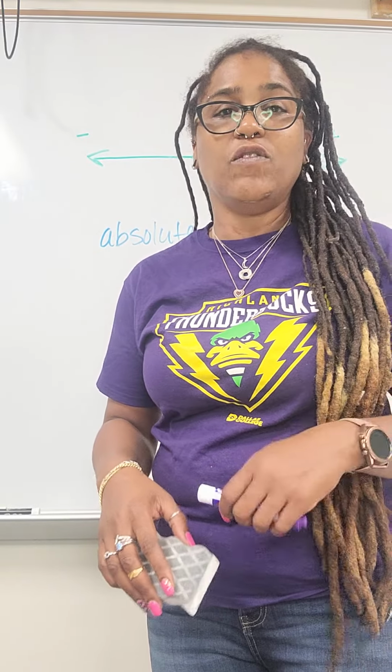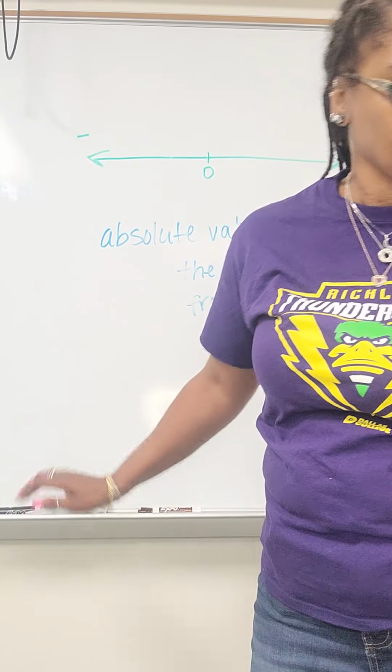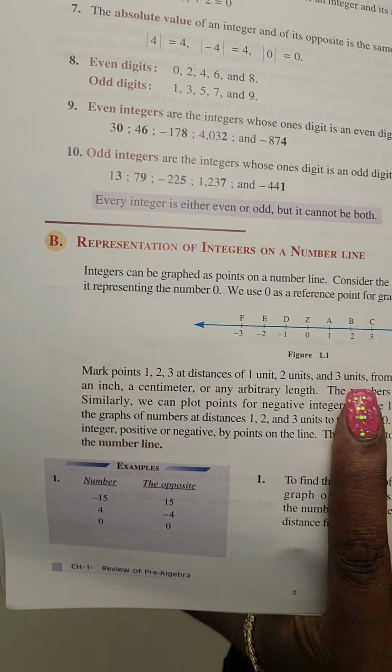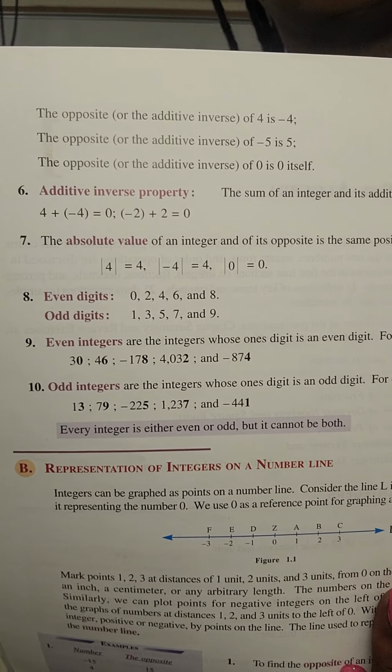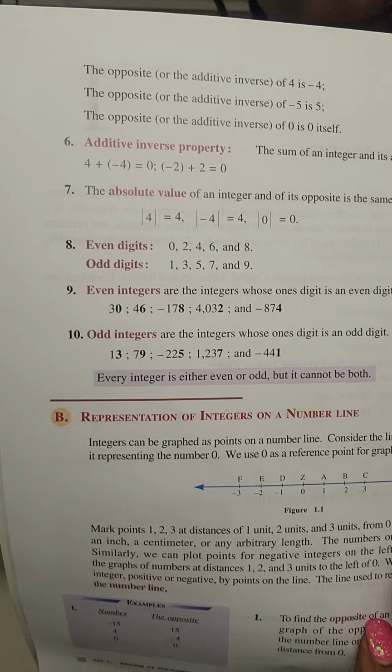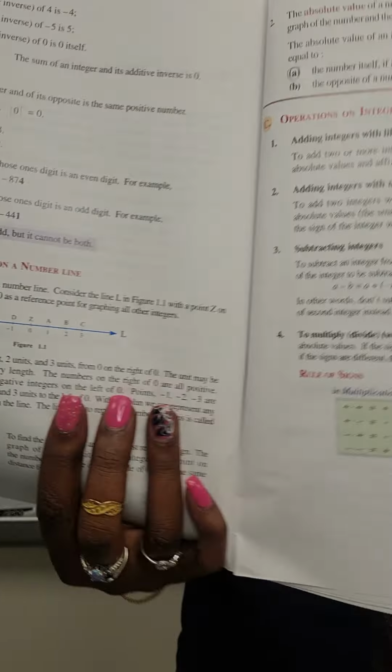And then it wants to move on to operations with integers, right? Let's see what we got here. We looked at representing values on a number line. Here's some practice. If you want some practice, you can read through that. And now, put my marker down.